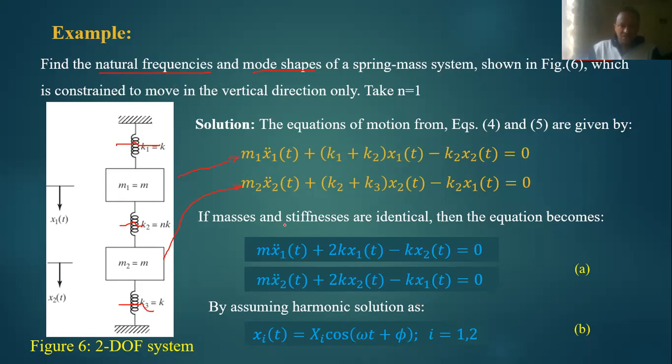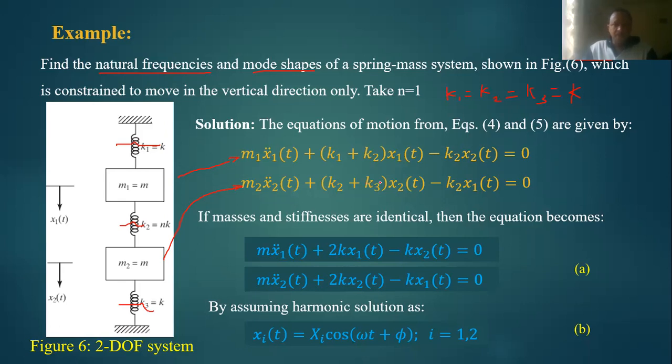And this equation in numeric values, because k1, k2, k3 are all the same, means if k1 is equal to k2 is equal to k3 is equal to simply k, that means k1 plus k2 means 2k. k2 simply means k.